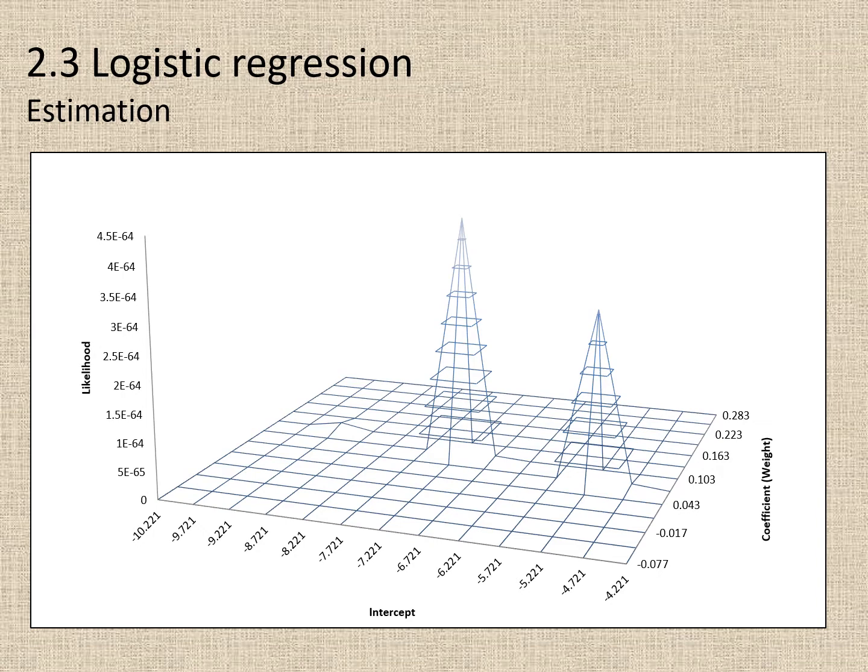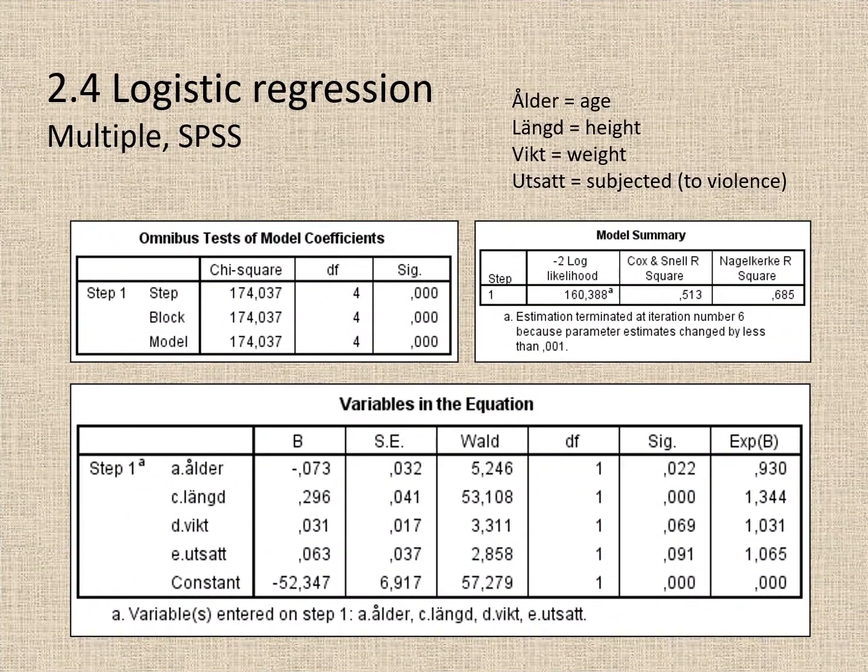We can conduct multiple logistic regression with several predictors, just like we did with ordinary least squares linear regression. In this case, I add 4 different predictors: age, height, weight, and how many times the person has been subjected to physical violence.